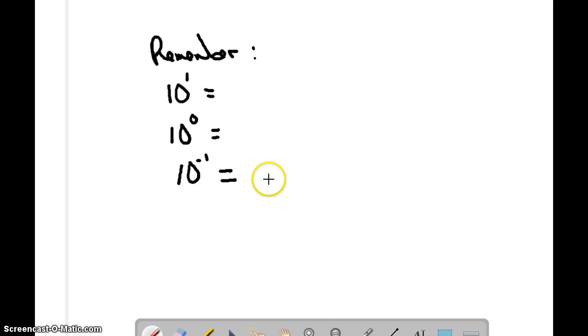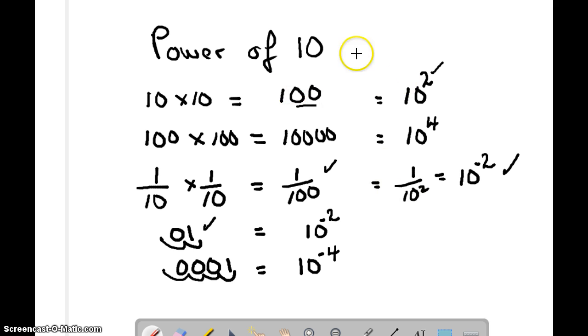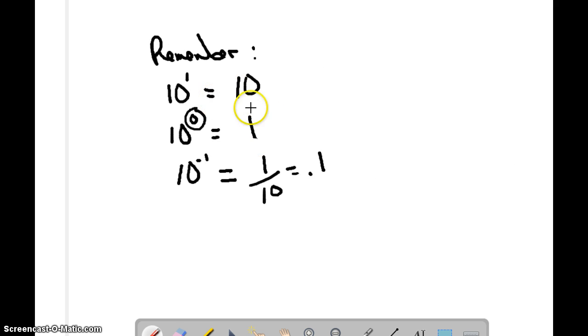So, some things to remember. 10 to the first is 10. 10 to the 0 is always 1, and 10 to the negative 1 is 1 over 10, or 0.1. And if you forget these rules that we just went over, this is the greatest way: go back and write 10 to the first is 10, 10 to the 0 is 1, 10 to the negative 1 is 1/10 equals 0.1.